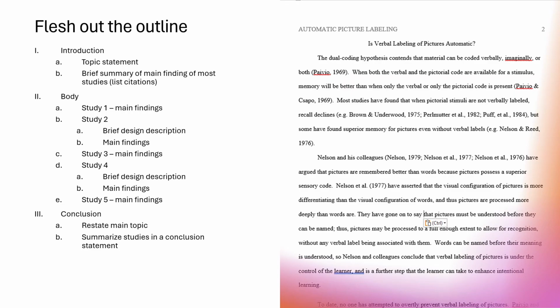So this author wrote e.g. before the list, and that's to acknowledge that there are probably other studies out there that would fit into this list, but I'm not citing them. That's what the e.g. means. It means, for example, so here's a sample list of three articles that have found this basic finding. Now, the first one is a citation that has two authors, so you'll see that both authors' names are listed.